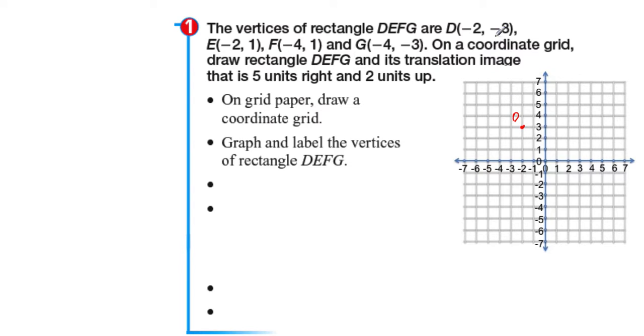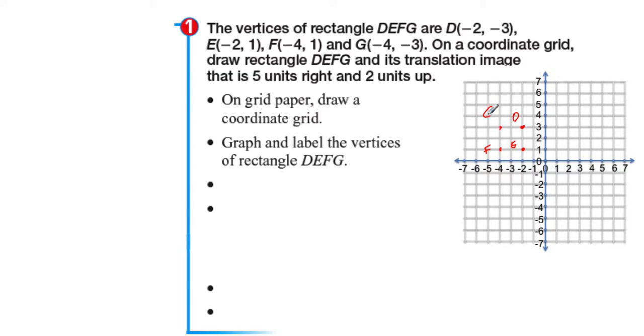Point E is negative 2, 1, right there. Point E. We have point F as negative 4, 1, right there. Point F. And point G is negative 4, negative 3, right there.